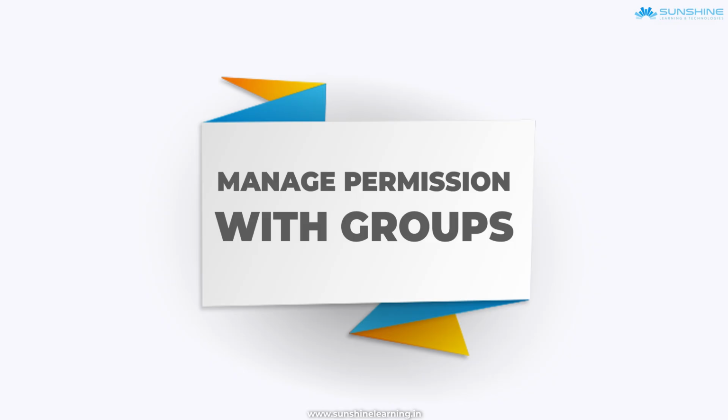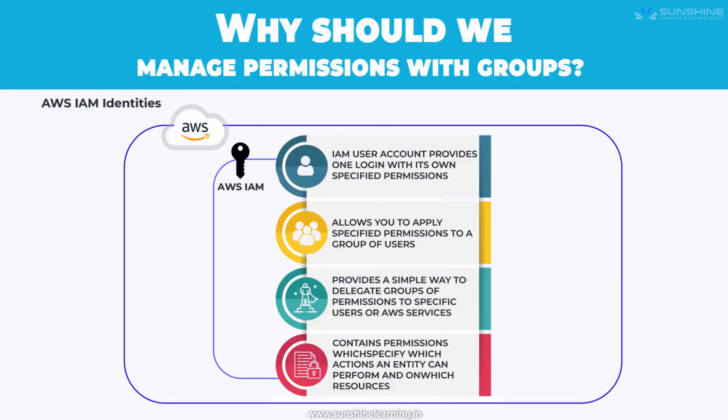Managing permission with the groups. Why should we manage permission with the groups? There are many reasons for that. So we know that the IAM user account provides one login with its own specified permission. So let's say if I create a user, that user would have the set of permissions allocated. But when we create a group, we allow multiple users to have the same set of permissions.